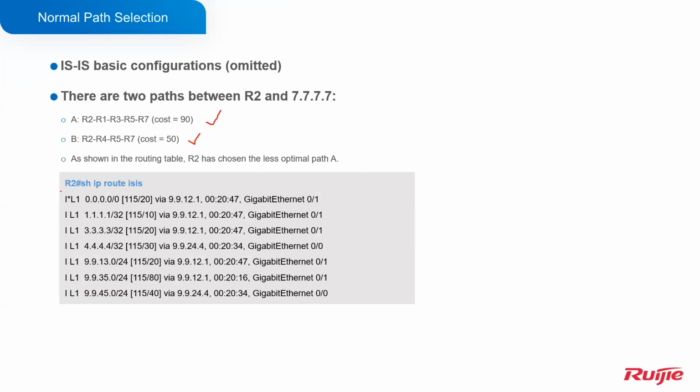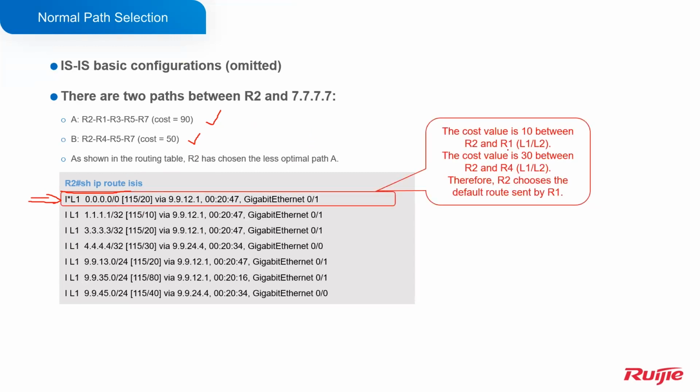So on router 2, how to reach 7.7.7.7, right? It will choose the default route, because the rest of the routes cannot help us to follow the message from 7.7.7.7. But this link from router 1, it should be from router 3. Yes, from router 3. So the cost value is 10 between router 2 and router 1.